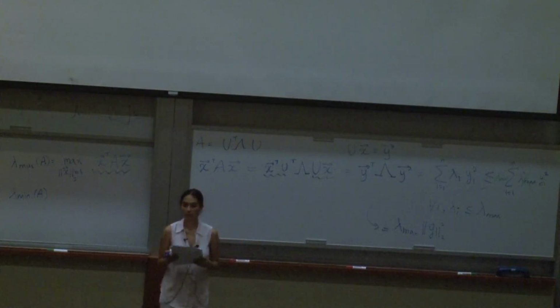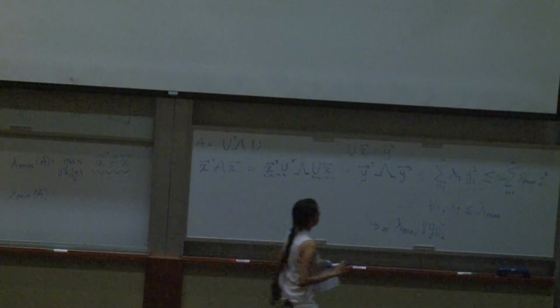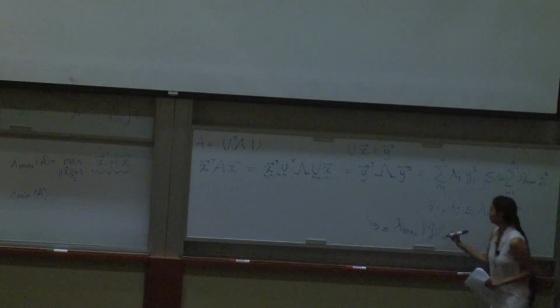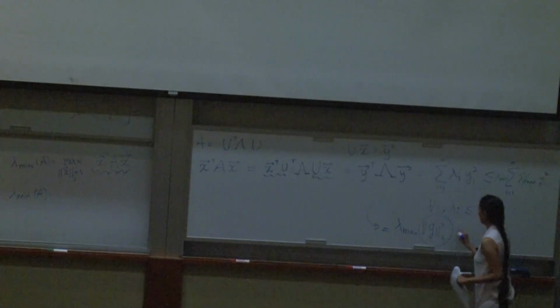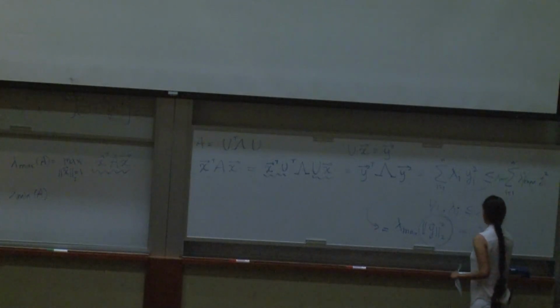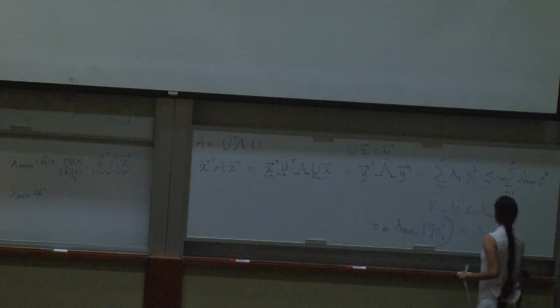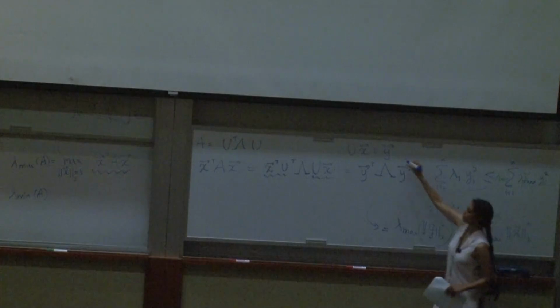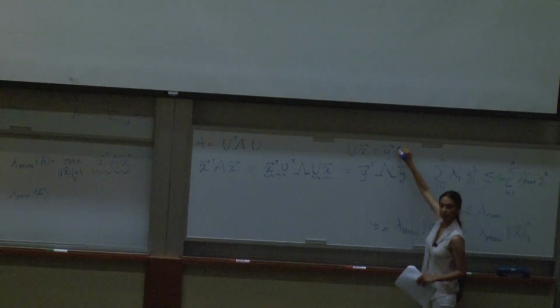Okay. Everyone good till here? Lambda max gets pulled out. So now this thing I can just write as lambda max times the norm of x, because of this, right?